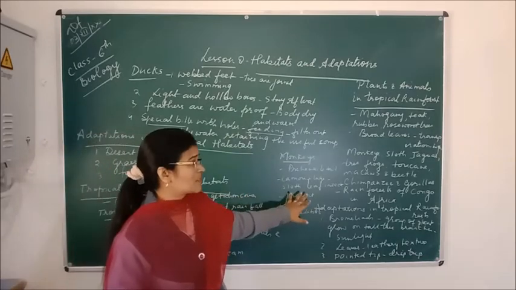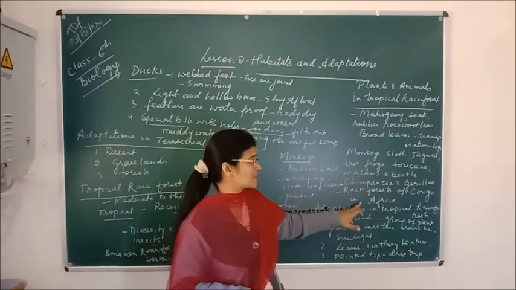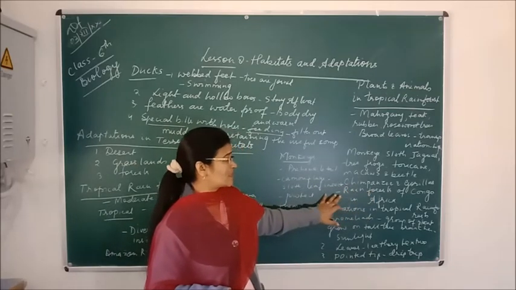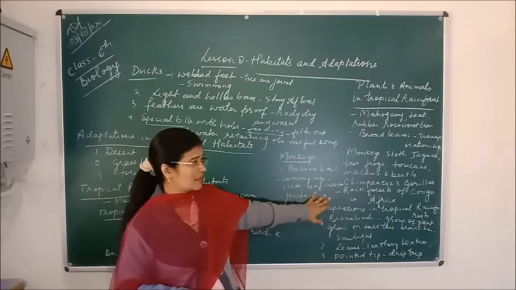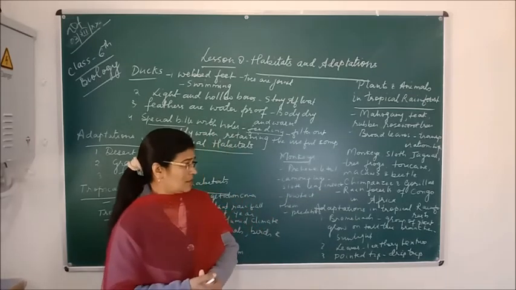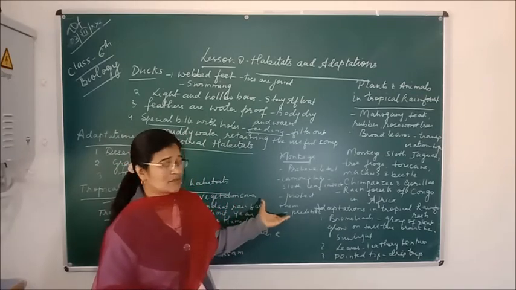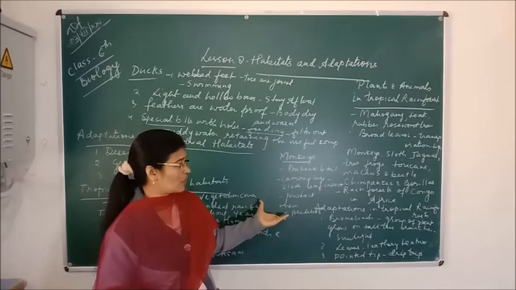Other animals found in the tropical rainforest are chimpanzees and gorillas, and especially these types of animals are found in the rainforest of Congo in Africa. In Africa also there is a tropical rainforest which receives a large amount of rainfall.